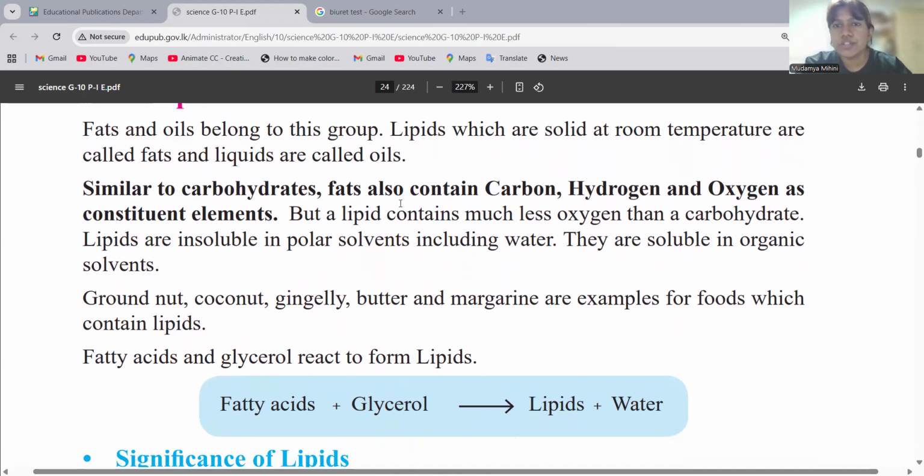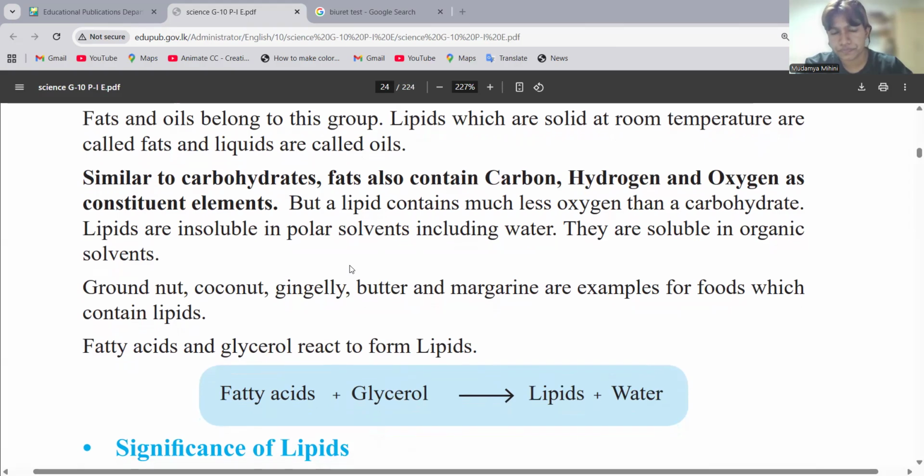As usual, there is carbon, hydrogen, and oxygen as elements of lipids, but you can see that oxygen is less than in carbohydrates. You might not be questioned on this part, but just remember that carbohydrates have much more oxygen and there's less oxygen in lipids.